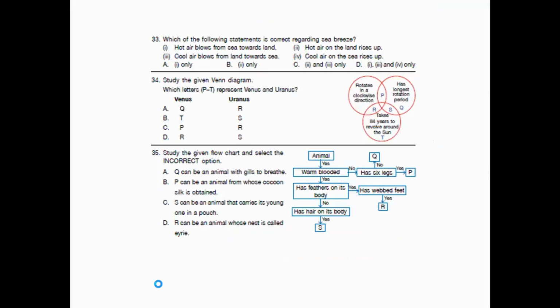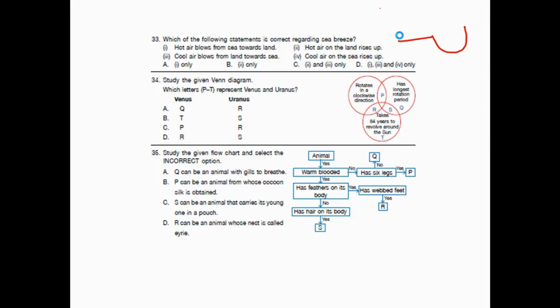Coming to question number 33. Question number 33 says, which of the following statements is correct regarding sea breeze? Sea breeze blows when the land gets heated, and suppose this is the land and this is the water source, right?